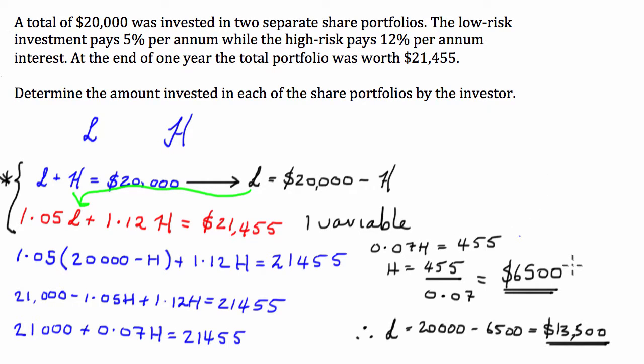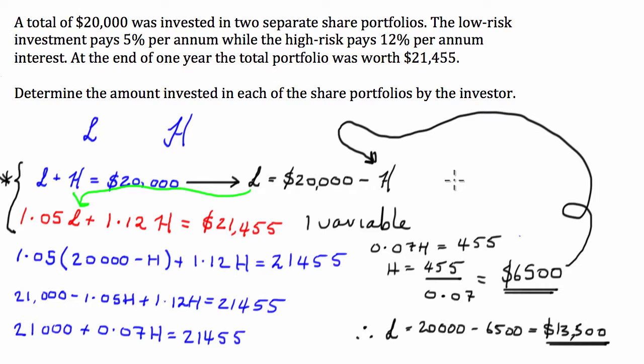Once we have that variable, we can then substitute that number back into that equation that we calculated at the start, where we had one variable in terms of the other, and pretty easily come up with the other variable. So it's not a very complicated problem.